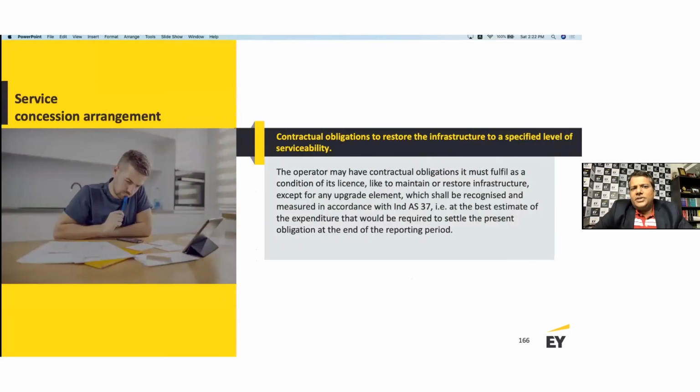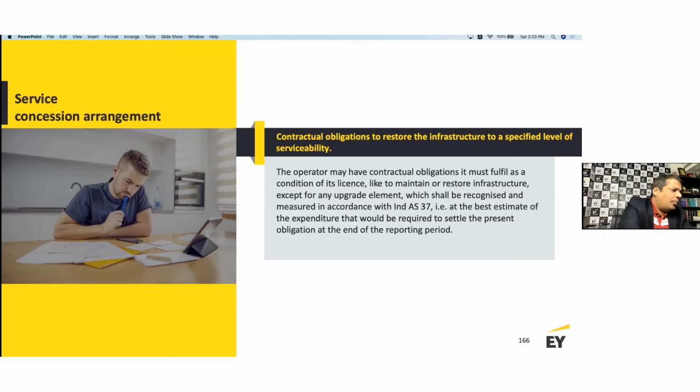Contractual obligation to restore. So like, as you have in Ind AS 16, an asset retirement obligation. Here also, if you have an obligation, you have to assess that obligation under Ind AS 37 and accrue for those costs and deal with that in your impairment assessment if you have an intangible asset, or your profitability in the context of a financial asset model. Awesome.